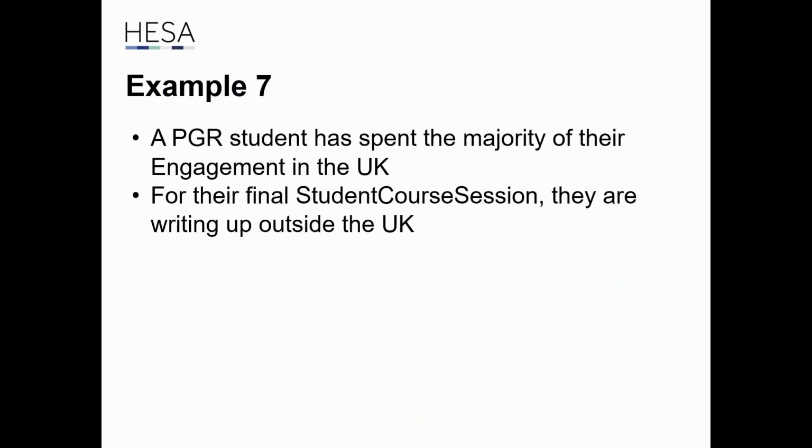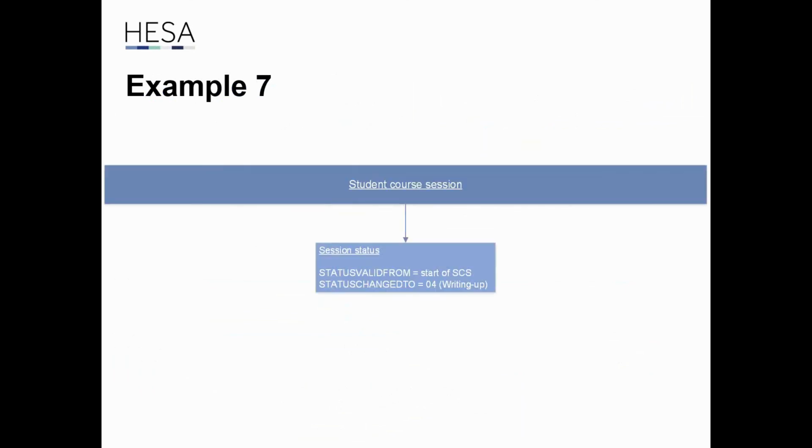Example 7. So this is a PGR student who's spending most of their time in the UK. In their final student course session, they've decided to go write up. They are writing up their dissertation, and it's going to be outside of the UK. So this is their final student course session, whatever number that ends up being, and you change their session status to say that they are now writing up.